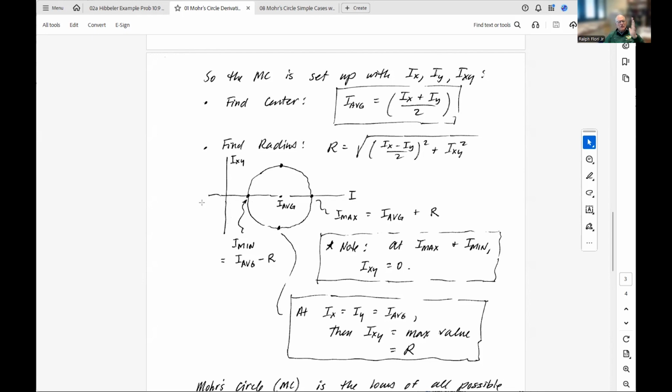That's why the entire circle rests on the right-hand side of the vertical axis. We've also said the product of inertia, IXY, can be positive, negative, or zero. And you can see that from this picture. The top half of the circle has positive values of IXY. The bottom half of the circle has negative values of IXY. And at Imax and Imin, you have zero values of IXY.